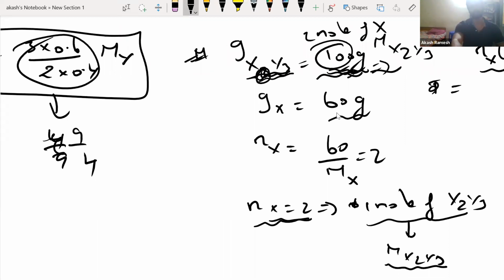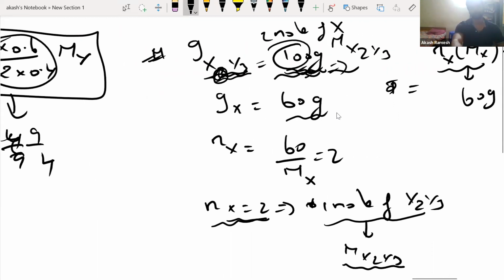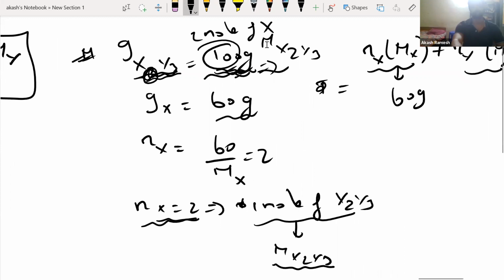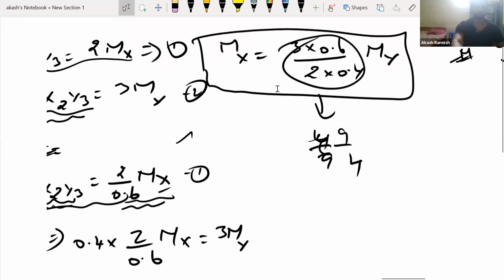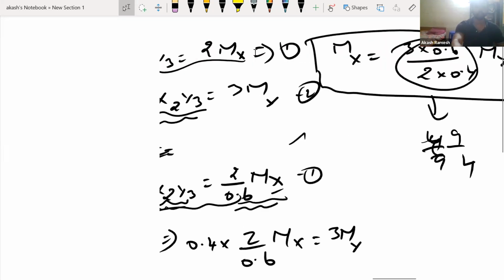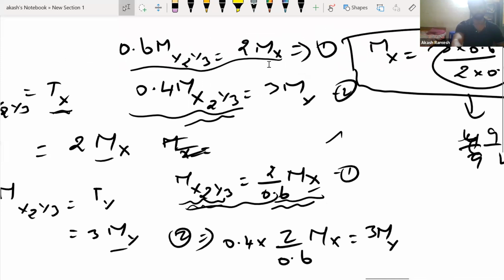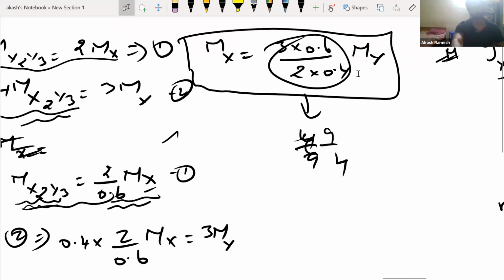But if at all the molecular mass was given, then you wouldn't have done this, because obviously that value would have been taken. Actually, a good effort. You can assume this to be the molecular mass itself, because nothing is given in the question, and you are not finding the absolute value of mx and my. You are just finding the relationship between these two. So you can assume it to be the molecular mass.